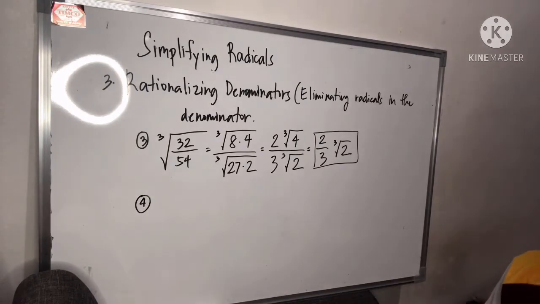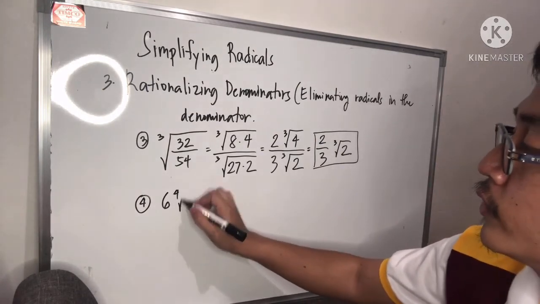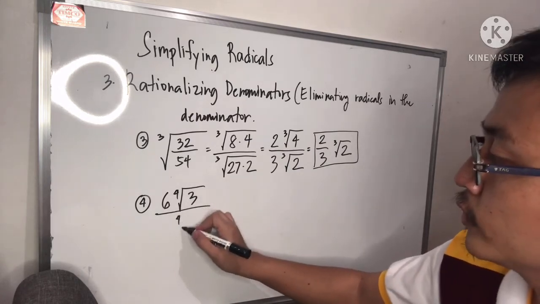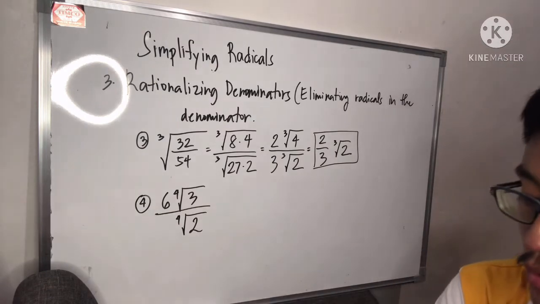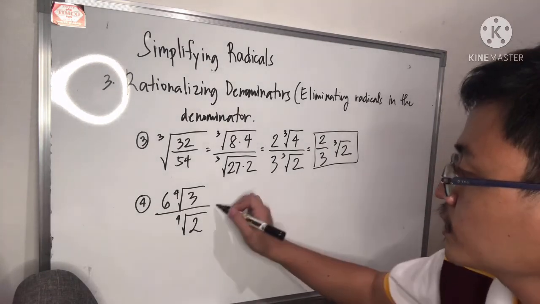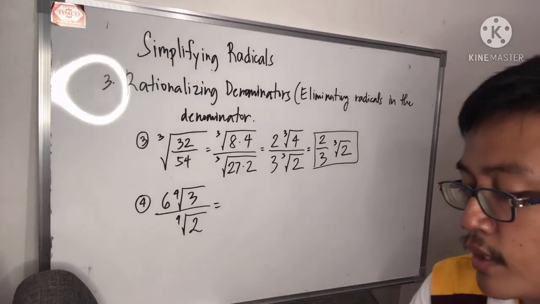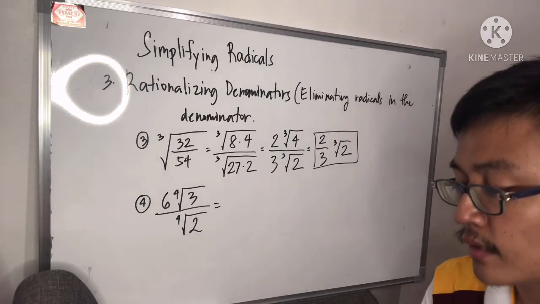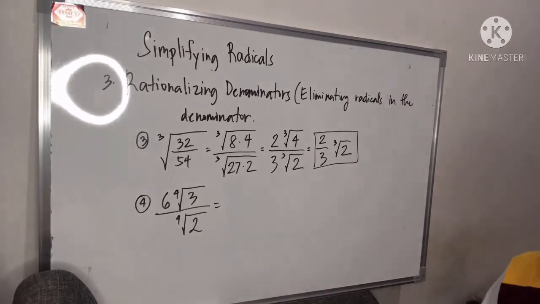And last example, we have 6 times the 4th root of 3 over the 4th root of 2. Okay, so the first thing we're going to do here is we're going to find the smallest possible number where we can extract the 4th root. Okay? So, paano natin gagawin yan?